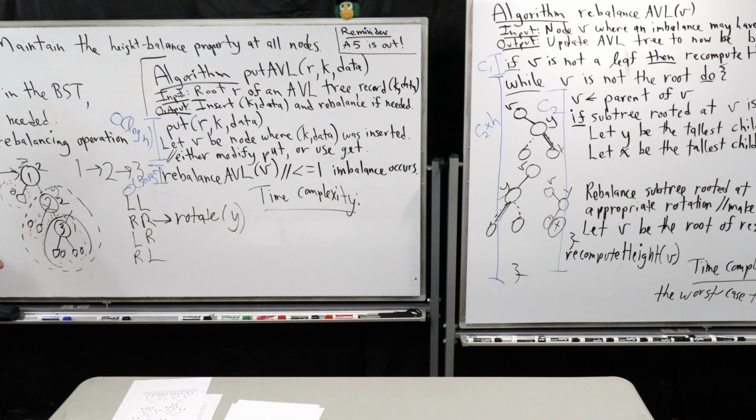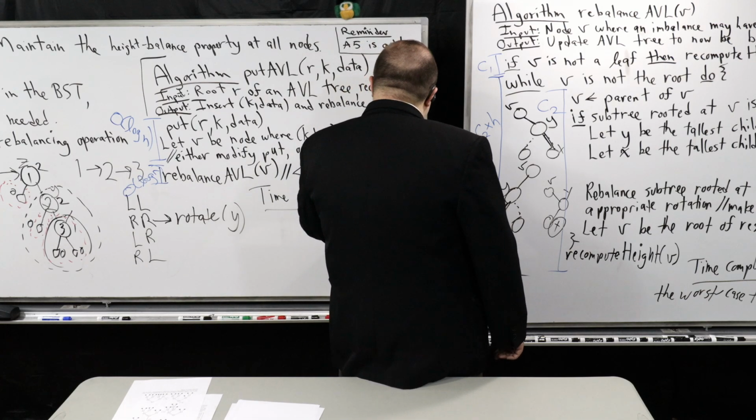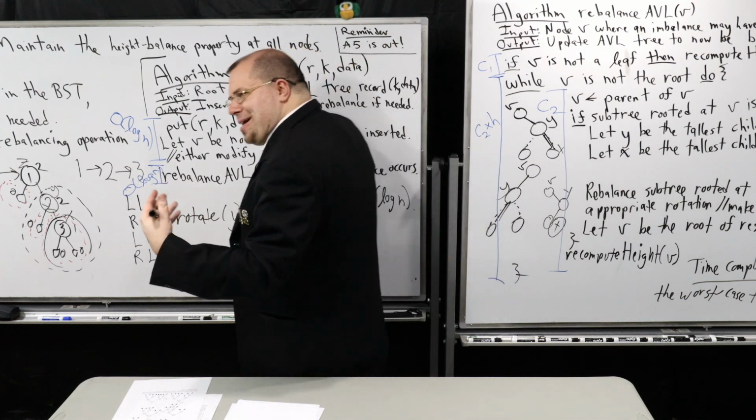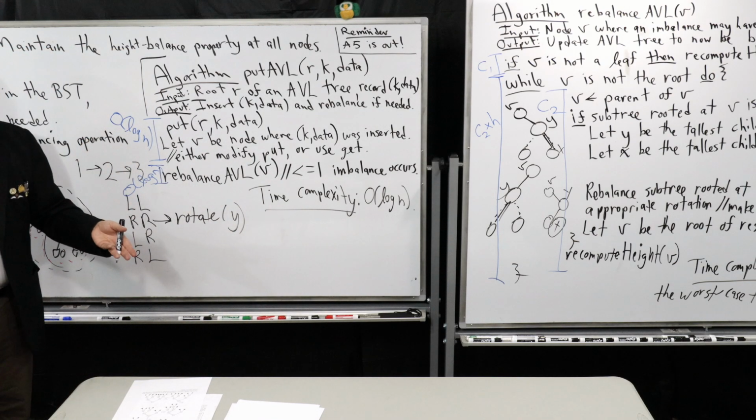It's big O of log n. Very good. Wonderful. So now we know how to perform insertions into the AVL tree in big O of log n.